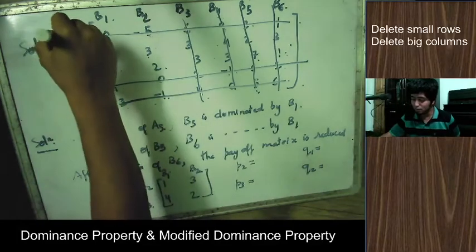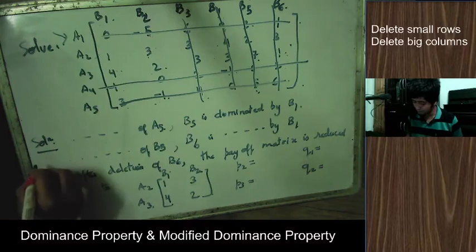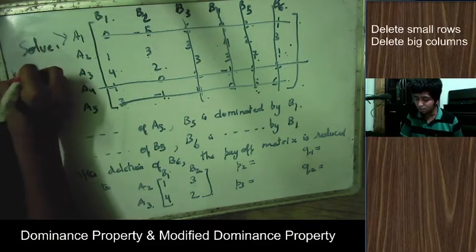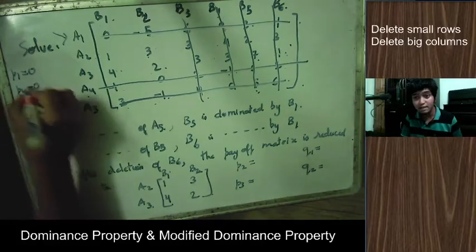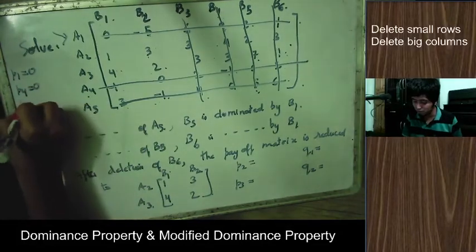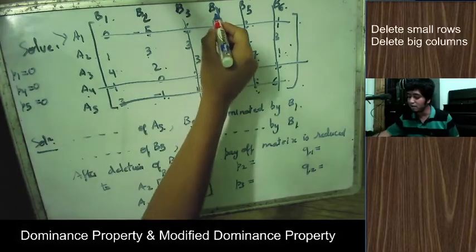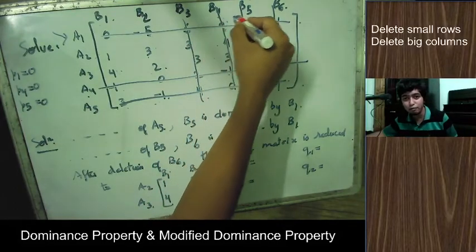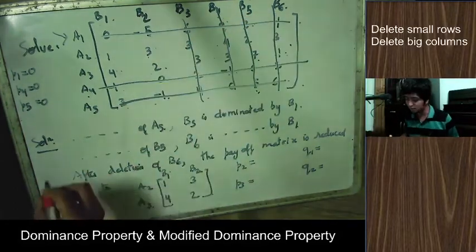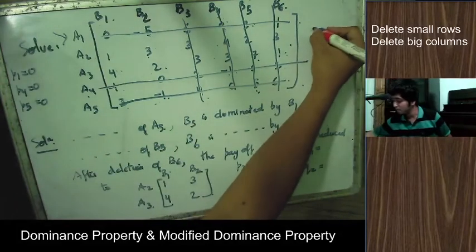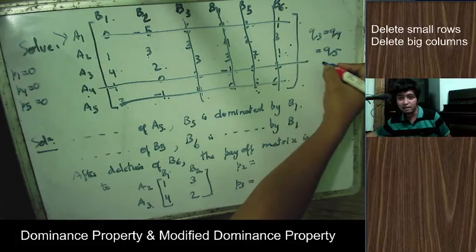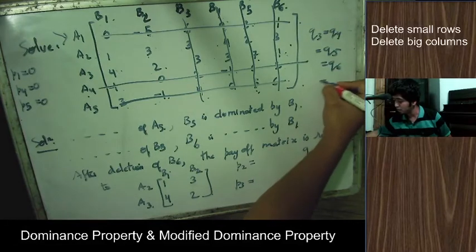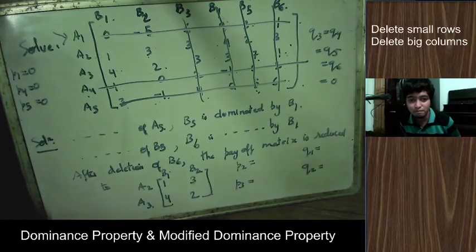For example, P1 will be equal to 0, P4 will be equal to 0, and similarly P5 will be equal to 0. Similarly, Q3, Q4, Q5 and Q6 will all be equal to 0.